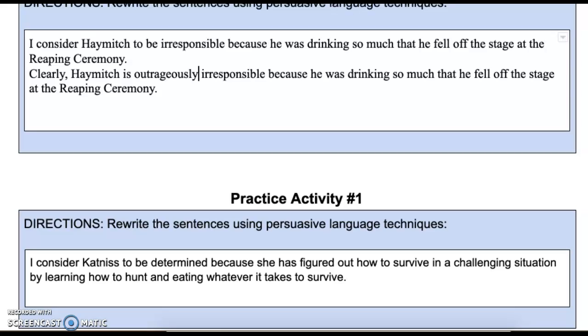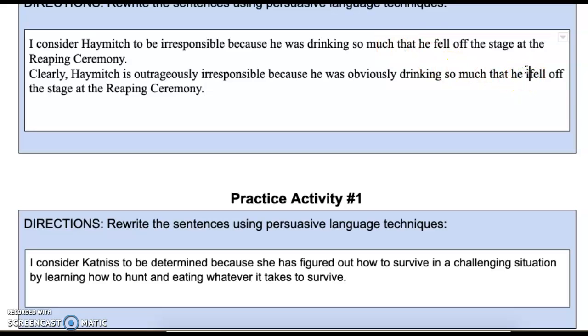But I want to add some more language because this is sort of fun, and I want it to be very convincing about my ideas. So I'm looking here, and it says he was drinking. I think I can write, "he was obviously drinking so much that he fell off the stage at the reaping." I'm going to even add another one.